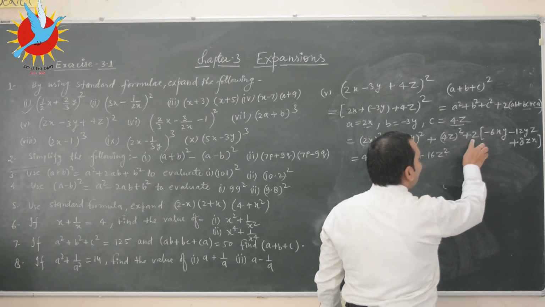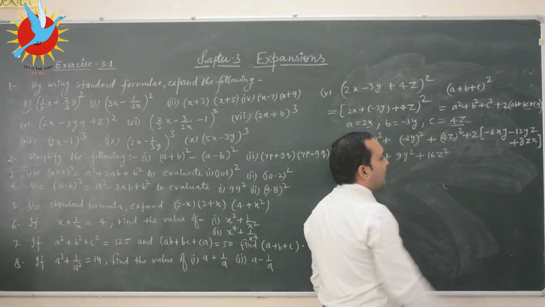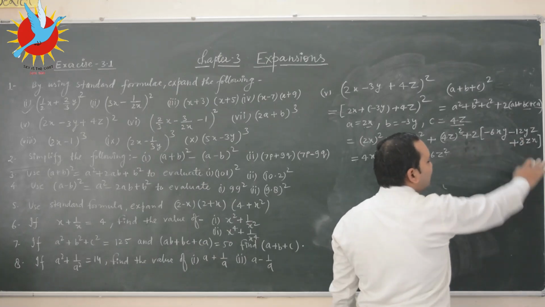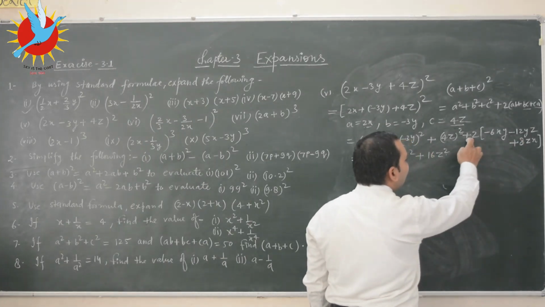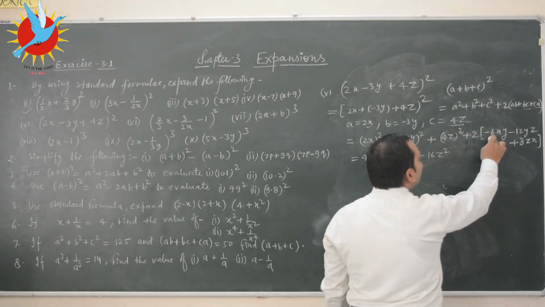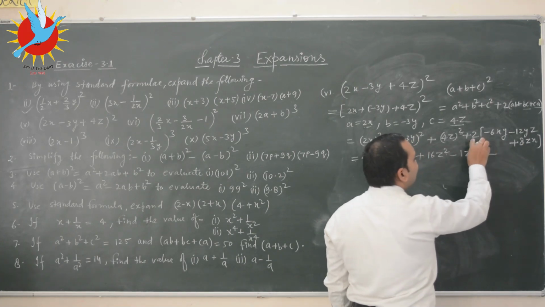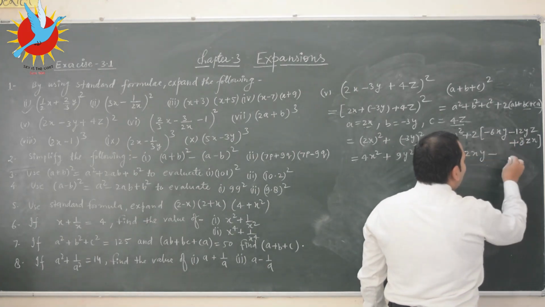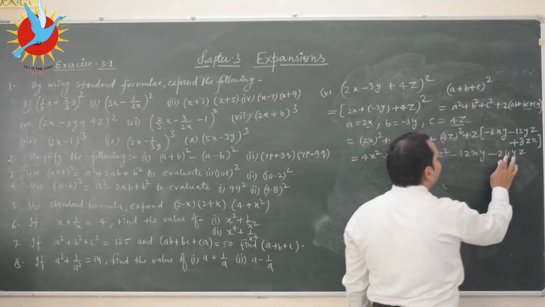Plus 2 into minus... here, outside the bracket the sign is plus, so there is no change in the sign when we open the bracket and multiply by 2.